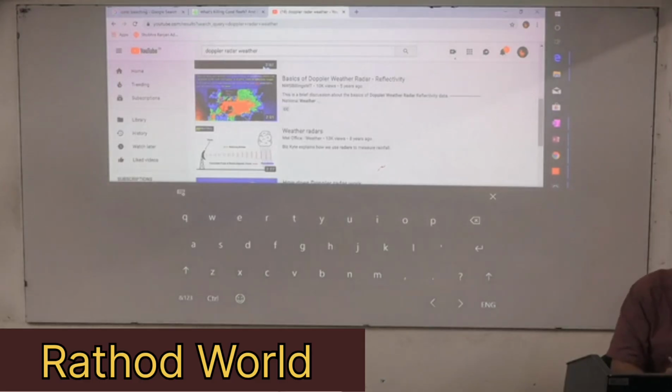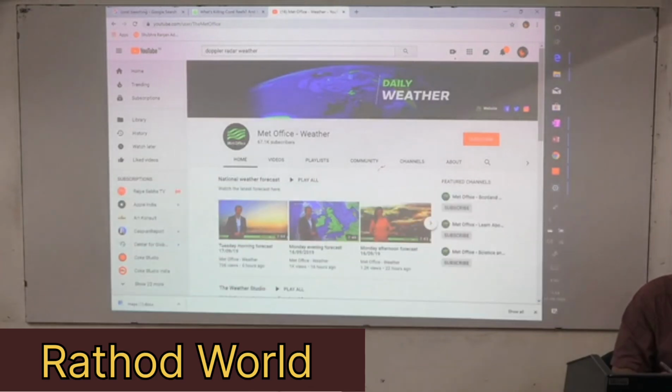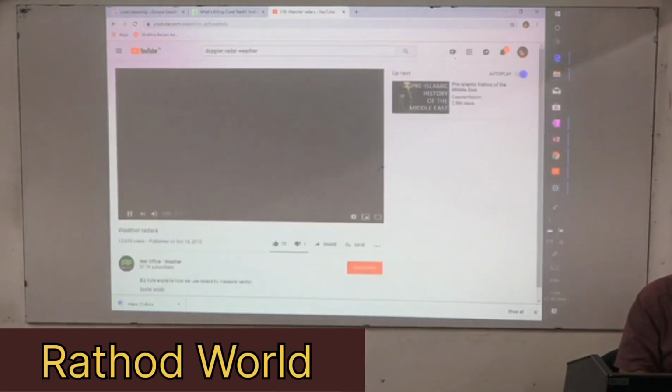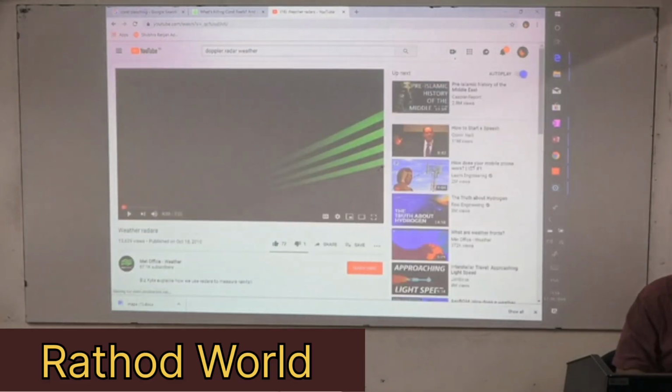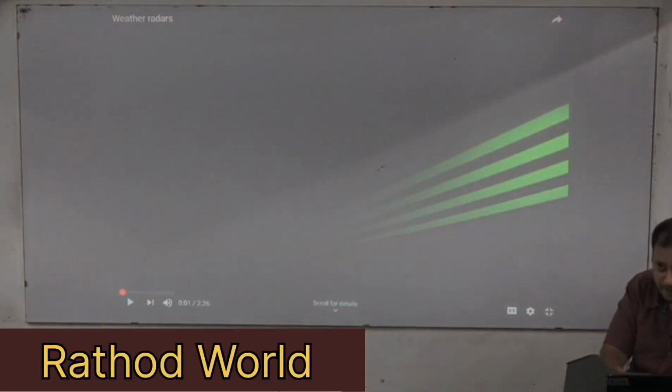And by this we can predict the landslides, we can predict the thunderstorms, cloudburst in the regions which are very far away from human habitations.